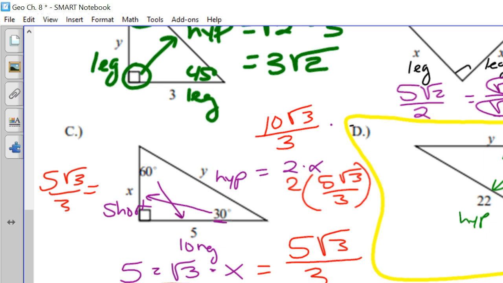What's x equal? Okay, so we know that the hypotenuse is 22, the short side is 11, and then the long side is root 3 times shorty. So it's root 3 times 11, but we like 11 in the front and the root in the back.